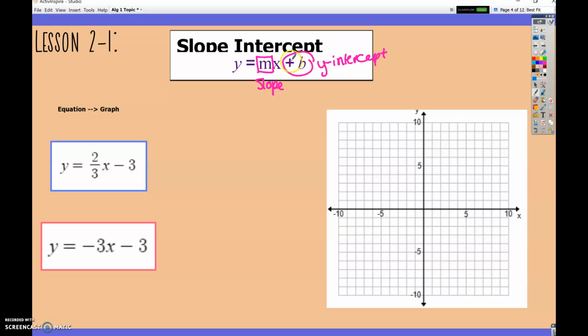So if you would have a plus or a minus sign here, it's important to include that. And slope always goes in front of the x. It's the number in front of the x, not the x itself. So that's why it's called slope-intercept, because we can see the slope in the value right before the x, and the y-intercept, that is the place where it crosses the y-axis, as the last value here.